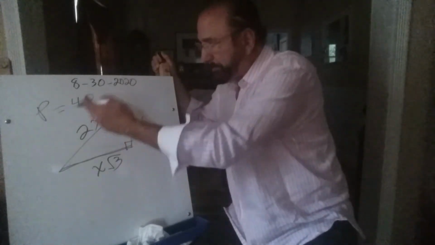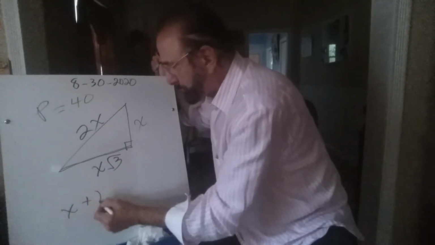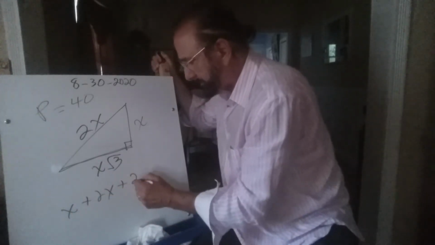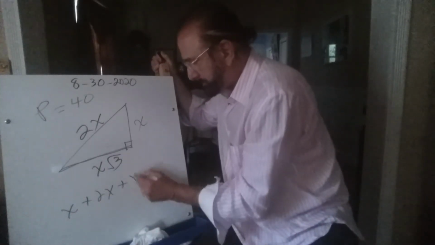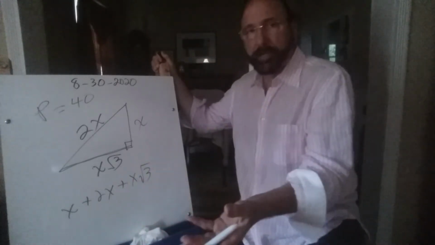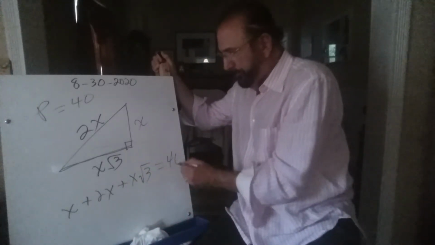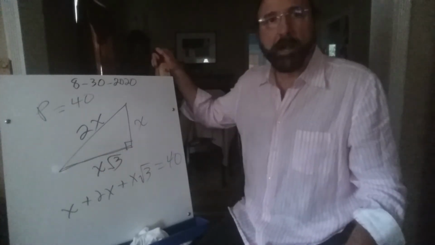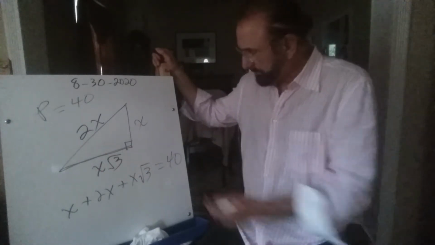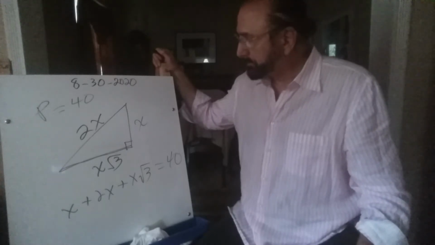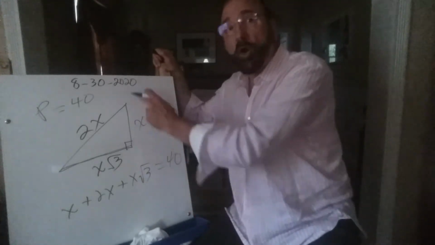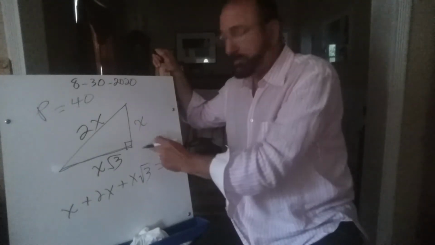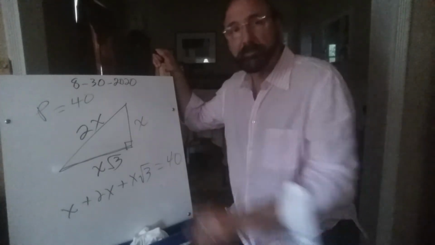Add them up, right? x plus 2x plus x square root of 3 equals what? 40. So you add these up, solve for x, and that's how you could find how tall this is, because x is the height.